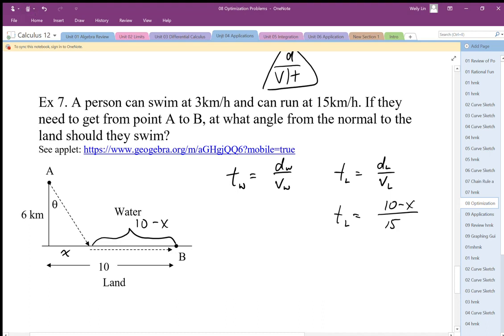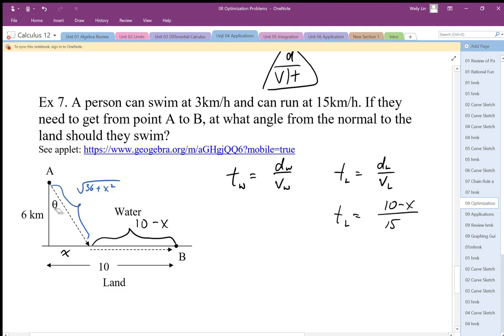The distance along the water, in terms of x, is going to be x squared plus 6 squared equals that squared, so the distance is the square root of 36 plus x squared. Notice that I'm doing it in terms of x and not theta.